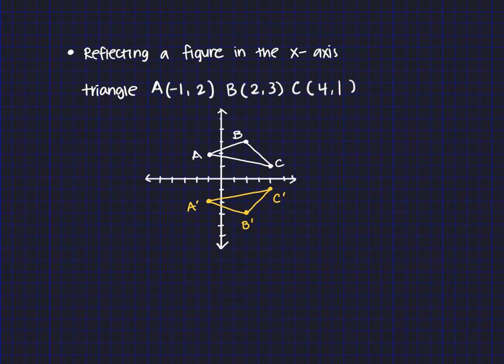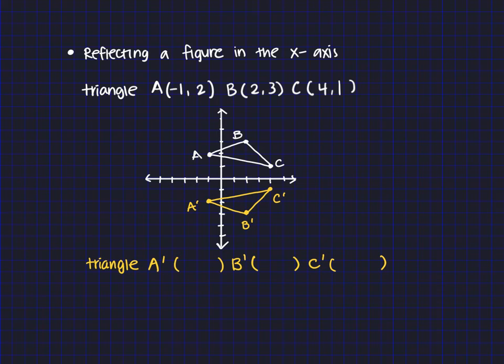Let's find the coordinate points for the image triangle and see what kind of pattern we are going to find here. So I wrote down triangle A prime, B prime, and C prime with the parentheses. We're going to find out the actual points that would be filled in right here. For my A prime, you're going to move -1 to the left side, and then you went down twice.